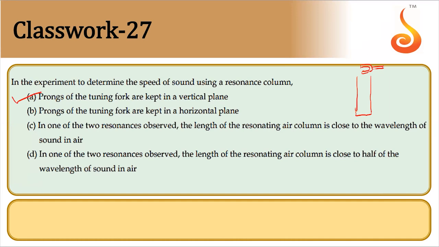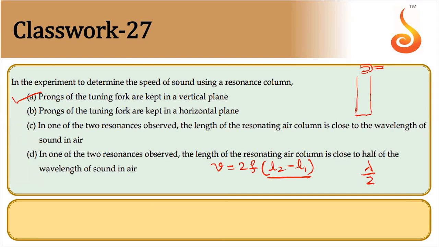And when it comes to these two, C and D, velocity of sound in that experiment is given by 2f into (L2 minus L1). So L2 minus L1 should be of the order of lambda by 2. If that is the case, 2 gets cancelled, it should be f lambda, right?